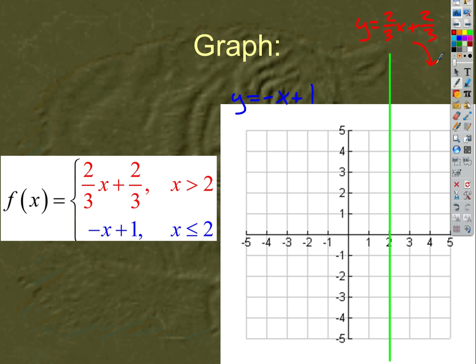So I'm only going to graph the red graph to the right of the breaking point, and then I'm picking my pen up because the red line does not extend past the breaking point to the left. The blue line, I'm only going to graph with my pen down to the left of the breaking point, but not to the right.